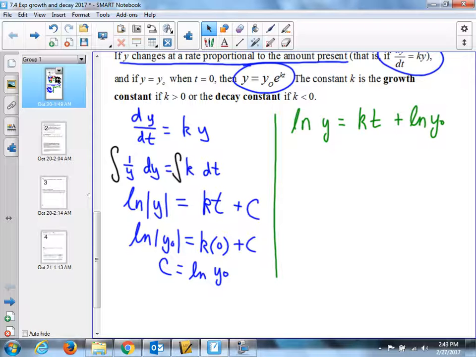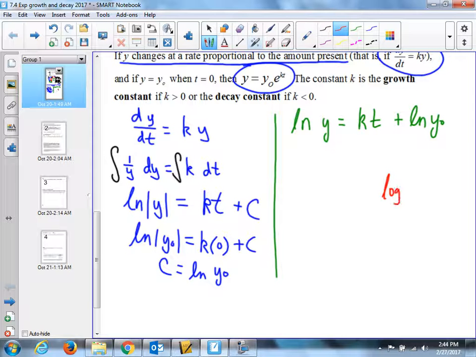The whole reason I did this is that now we can solve for y. How do you undo a log? What's the opposite operation? It's the exponential function. But let's just think back to this.